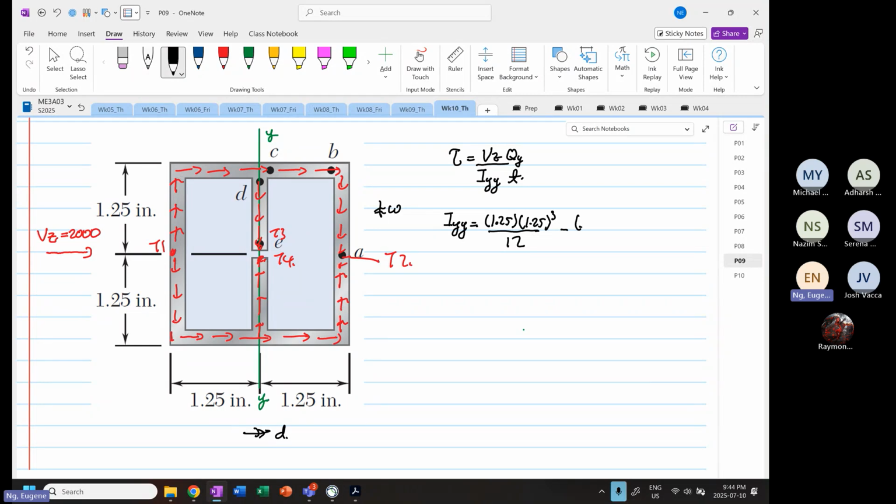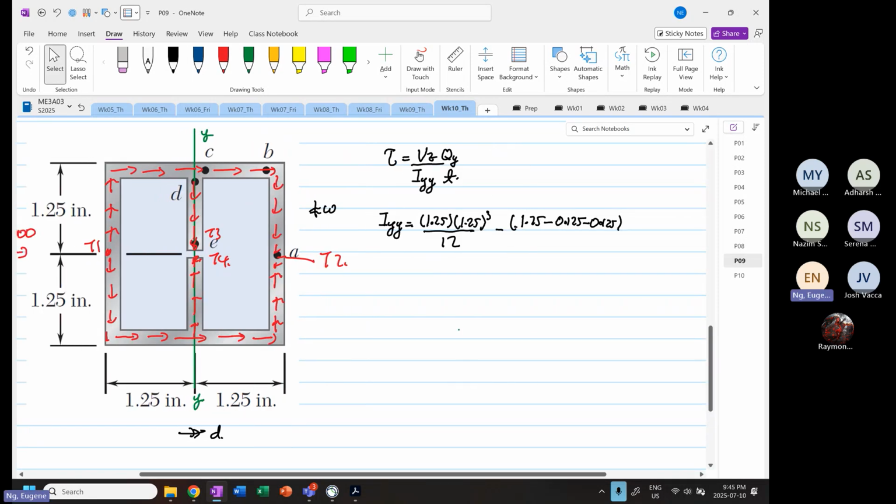The width is 1.25 minus 0.125 twice, because you have left and right.